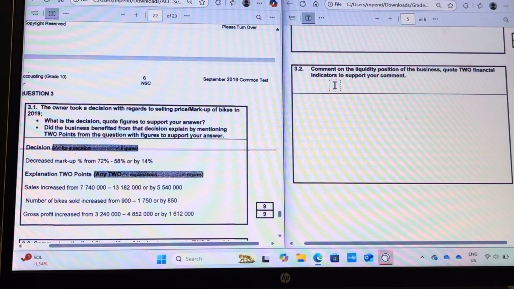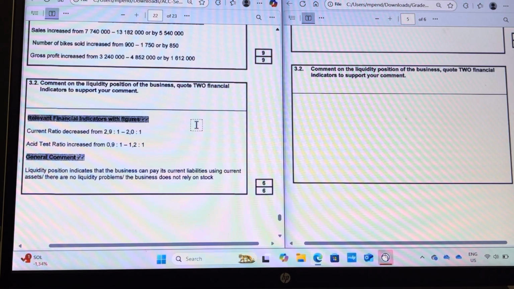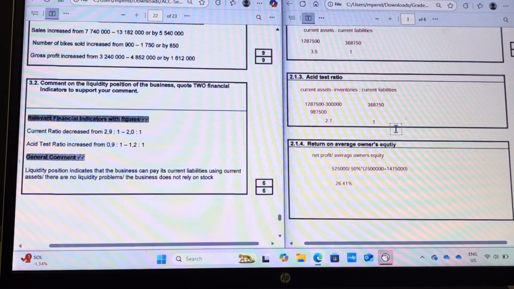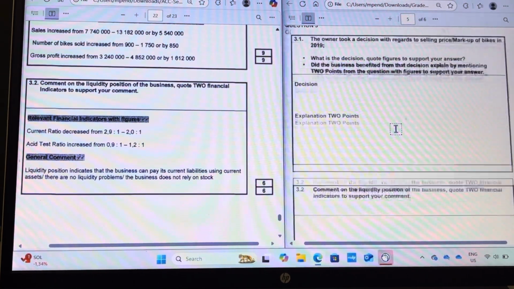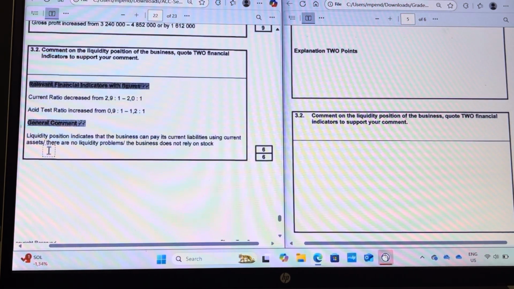Now it is time to comment on the liquidity, and I for sure have already commented on the liquidity position. So firstly, you have to state, as they said, quote 2 financial indicators, quote the current ratio, quote the asset test. But you're not done.